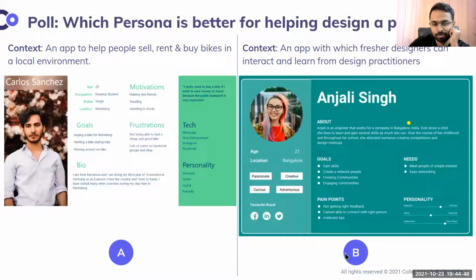Wow, everybody is basically neck and neck. Okay, guys, we need 20 more people.